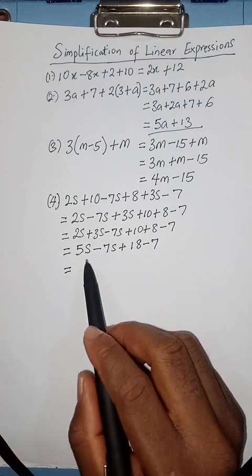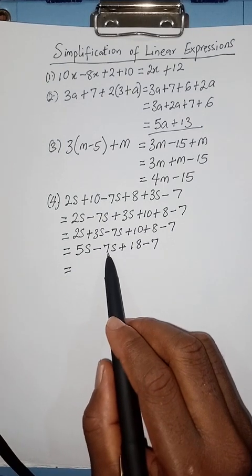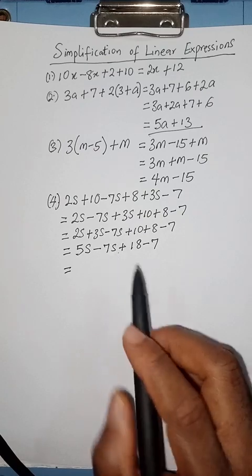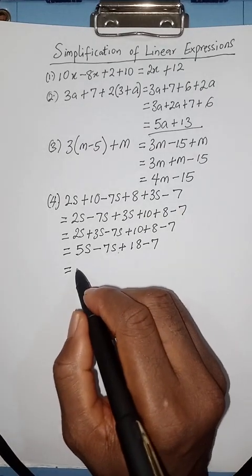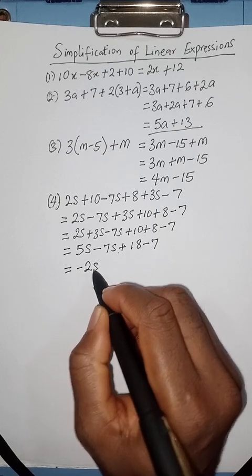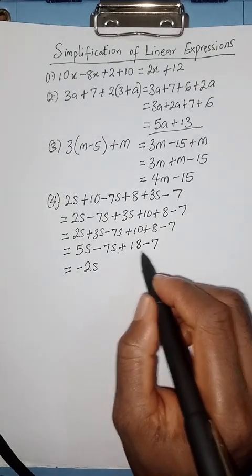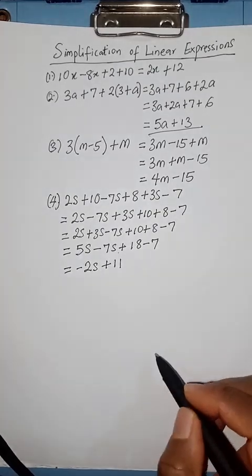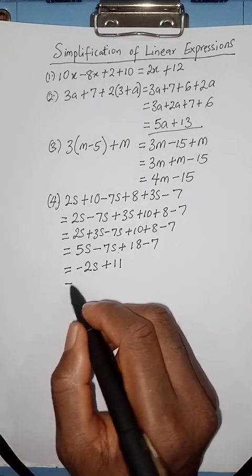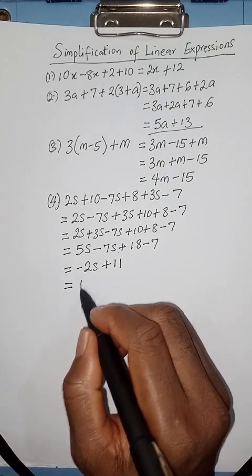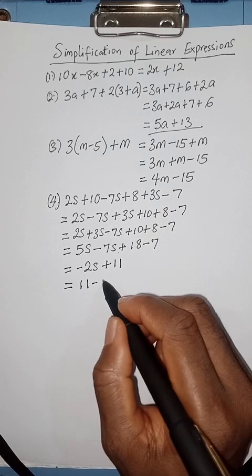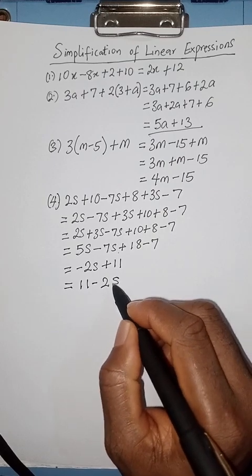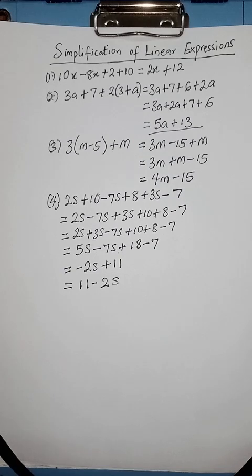And this will become 5x minus 7x. This is minus 2x. 18 minus 7 is plus 11. This expression can be arranged as 11 minus 2x. That is the answer to the question.